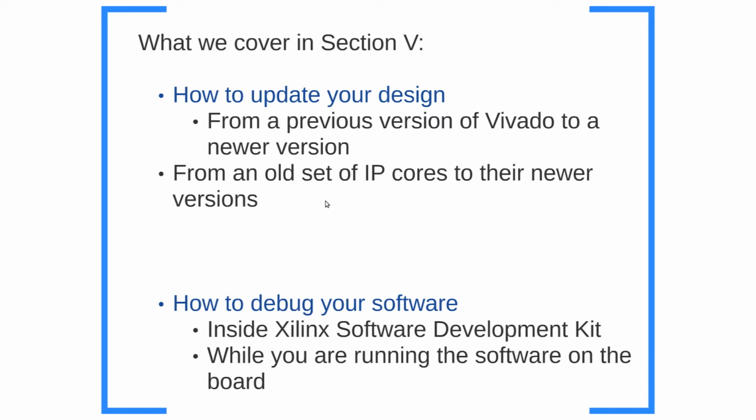Or for example, you have used an IP block from someone in your design and then he updates his code, and how this IP update will happen. Practically I show you the update in the first phase of the video and then the debugging in the second phase of the video.